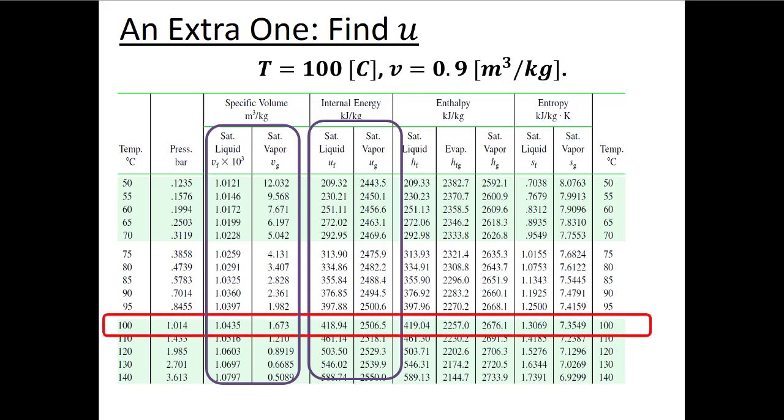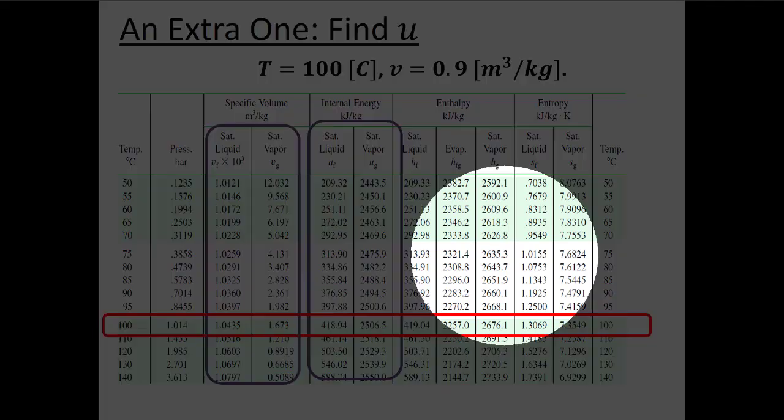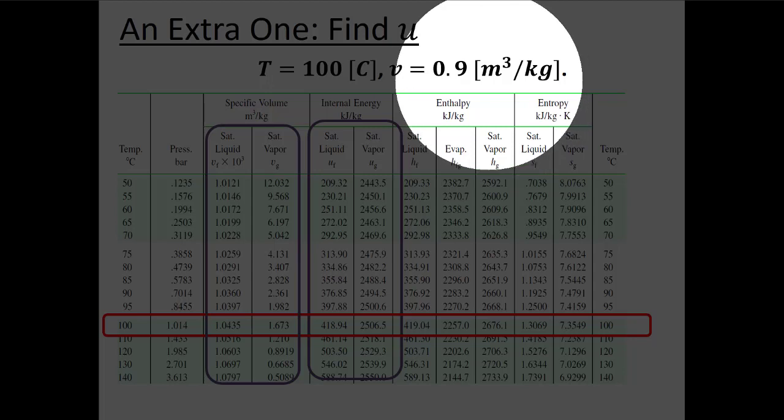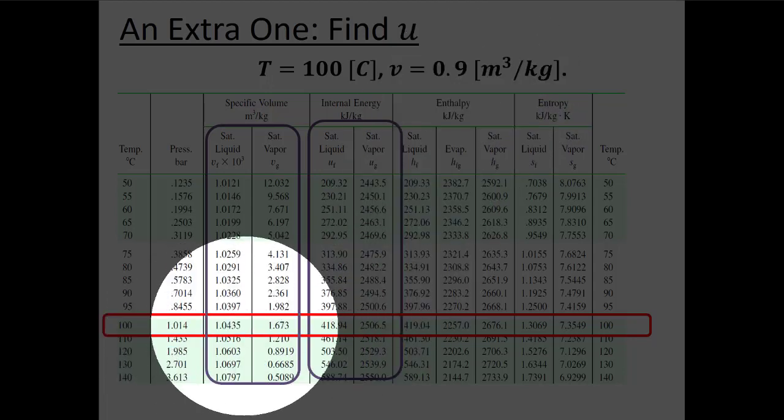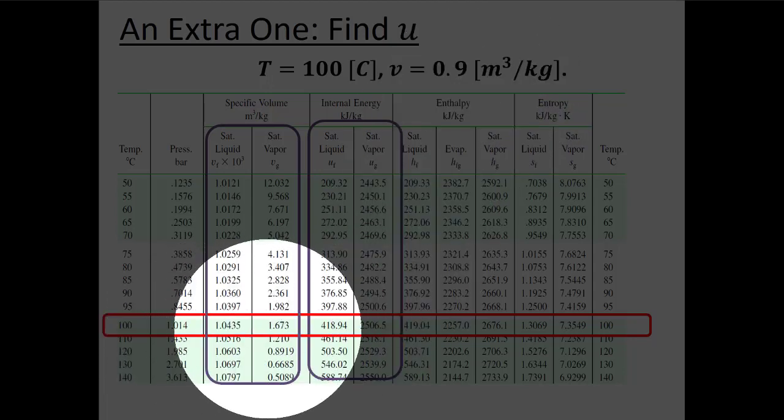So the first thing that I would do here is, remember, we've got to see, are we even a two-phase mixture? So I've got to see, is my value of 0.9 between vf and vg?